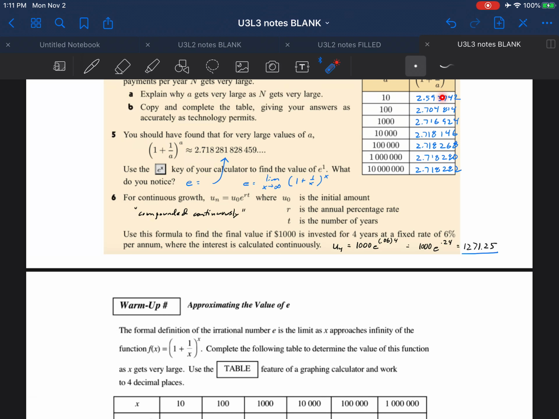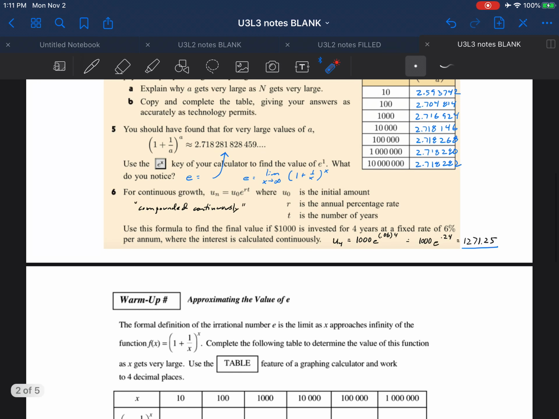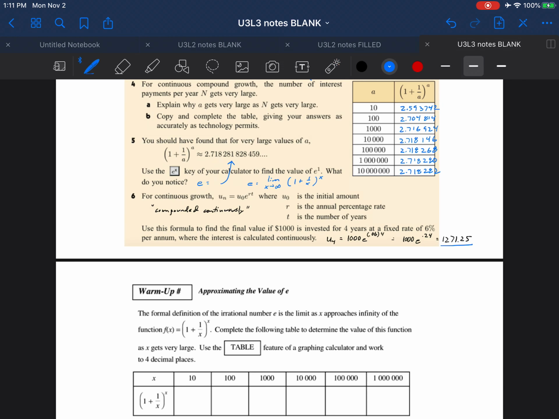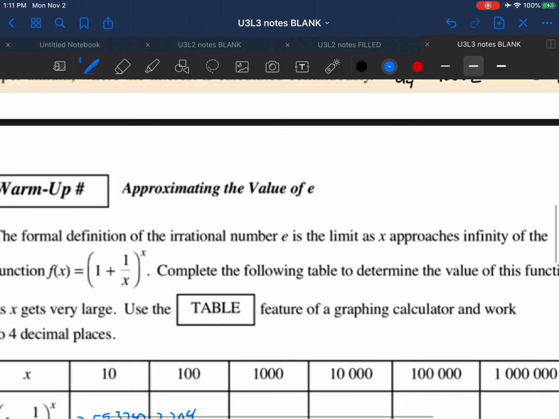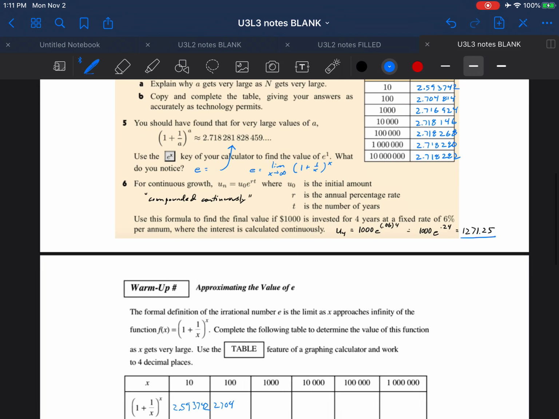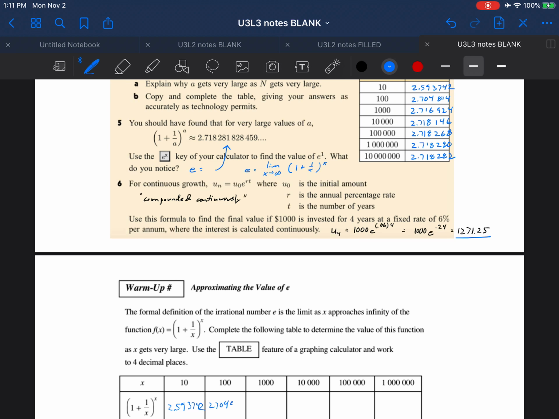So this expression when x is 10 lines up with this, etc. All right, so I'm just going to try and copy these. So 2.59374 2, 2.704 814.